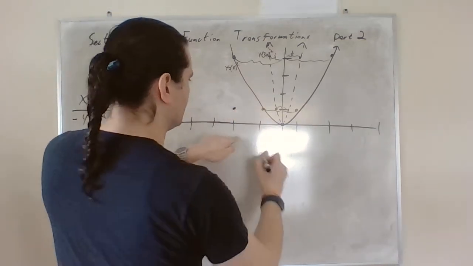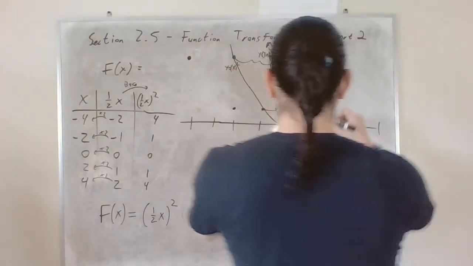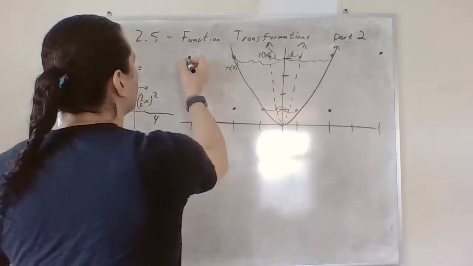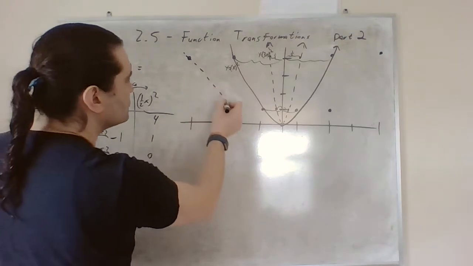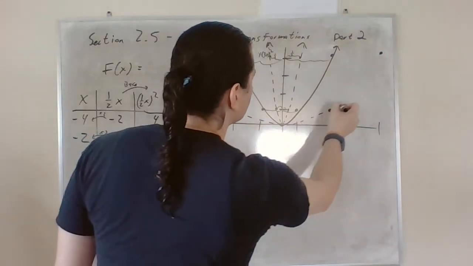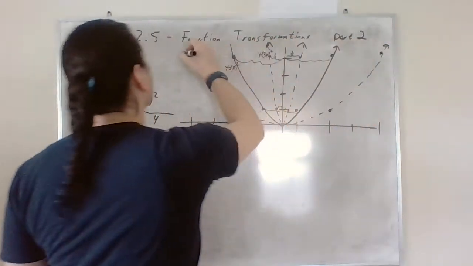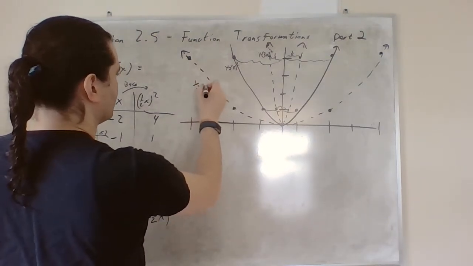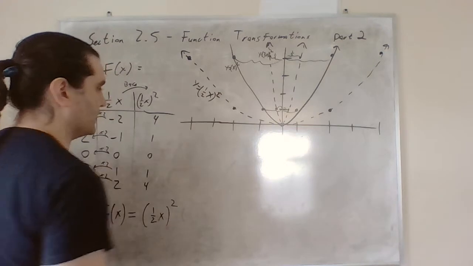I'm back at -2, 1. This point is unchanged. That's 2, and this is 4. This is y equals 1/2 x squared.